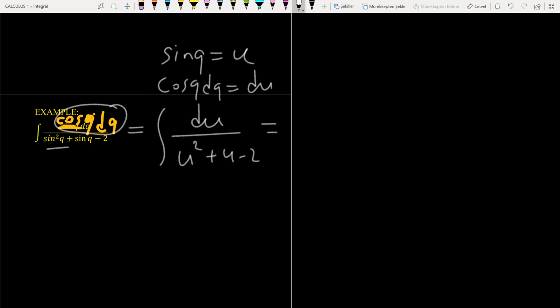As you see, the degree of the denominator is greater than the degree of the numerator. You have to find the decomposition for the rational function. So if you find it, you will see that this is equal to 1 over 3, the integral of minus 1 divided by u plus 2 plus 1 over u minus 1 du.